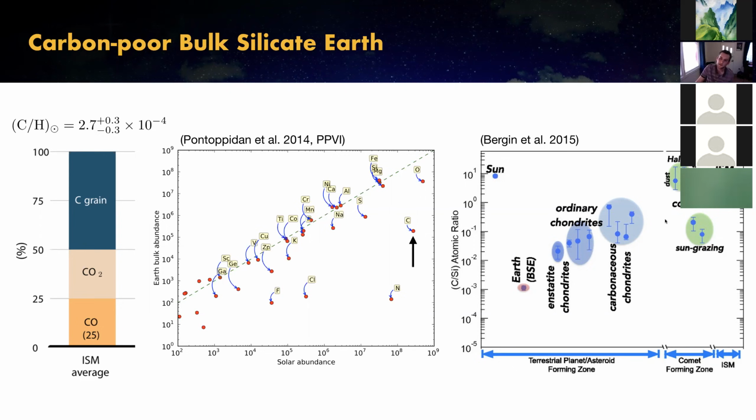I think generally they follow this trend, more or less. I'm not sure exactly what happens here, but I think they are consistent with all the solids in the inner solar system being carbon poor, and not just some special process happening to the Earth. But yeah, I have to read this paper again.